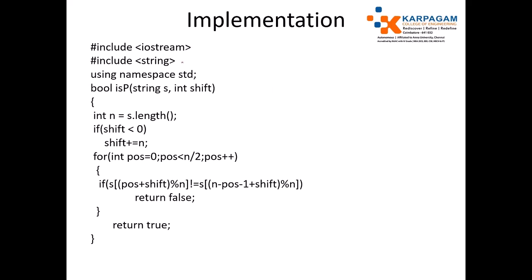So this is the implementation. We need to check the minimum number of shifts required to make the string a palindrome, by making the shift on the left side or right side.